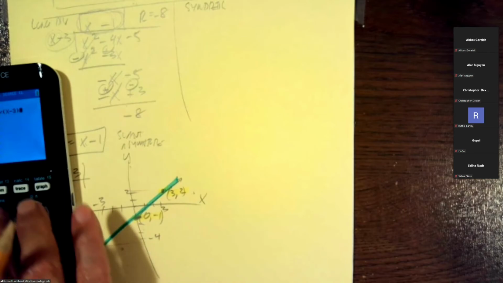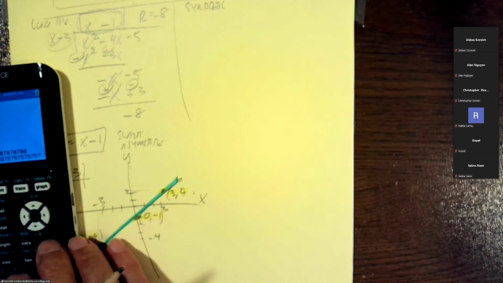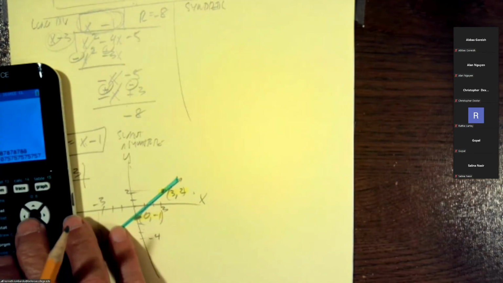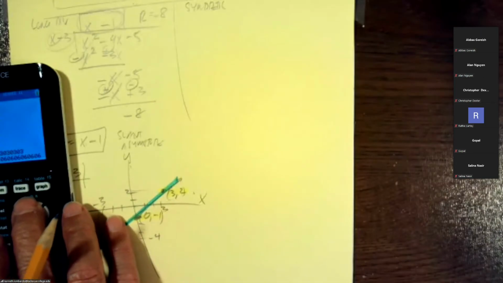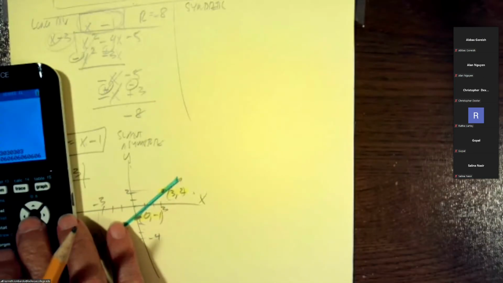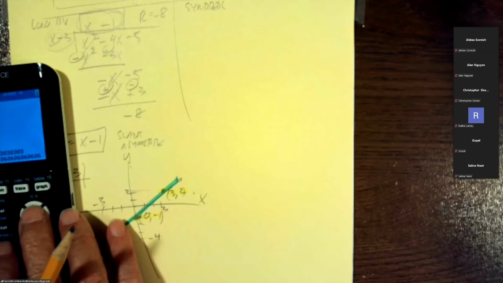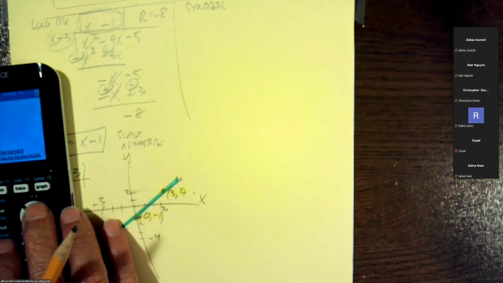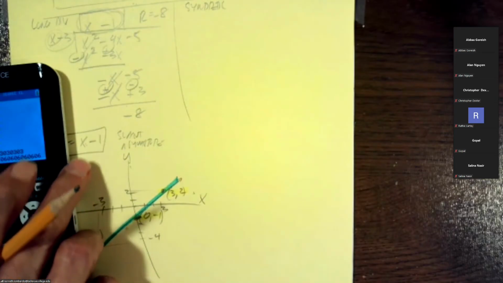For a window, let's see, from -3 to 5. Maybe I should just make them equal here. -4 to 4. And y, what do we want y to be? Well, let's just say negative 10 to 10. Let's just see what it looks like here.